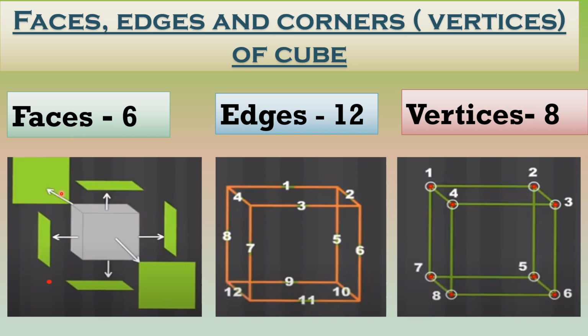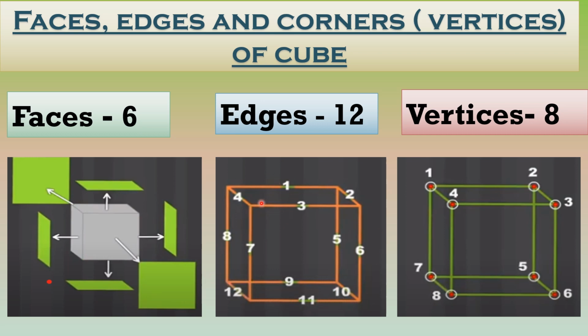So let us count the faces of cube. 1, 2, 3, 4, 5, 6. It has 6 faces. Now count edges. 1, 2, 3, 4, 5, 6, 7, 8, 9, 10, 11, 12.